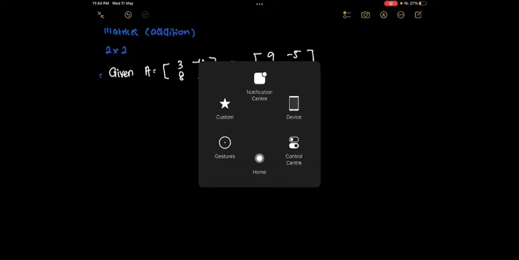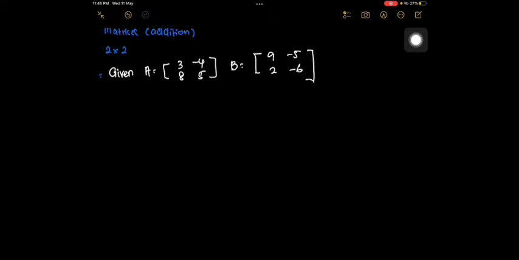For B is 9, 2, negative 5, and negative 6. So let's say we want to add the matrices that we are given.